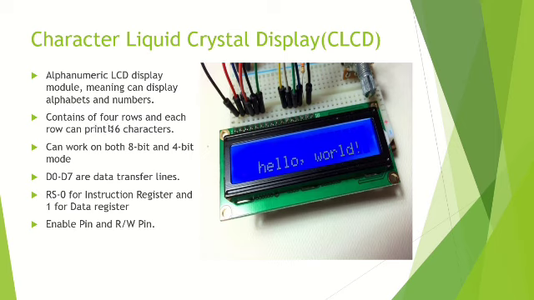CLCD contains 4 rows and each row can print 16 characters. CLCD works on both 8-bit and 4-bit mode, and can print data on D0 to D7 lines only. It has 2 control pins, that is the enable pin and the read or write pin.